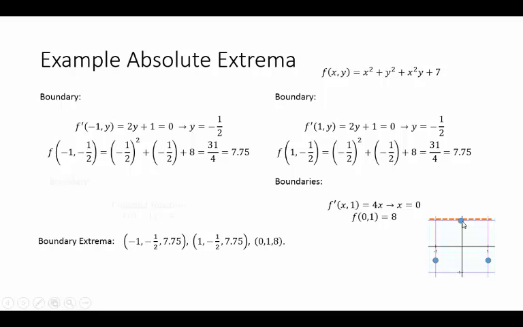And so what happens when we take a look at the boundary y is equal to negative 1. When you put y equal to negative 1 in here, you're going to get a fixed value of 8. So that is not going to give us any critical values, although we can see that this whole line has a constant height of 8.